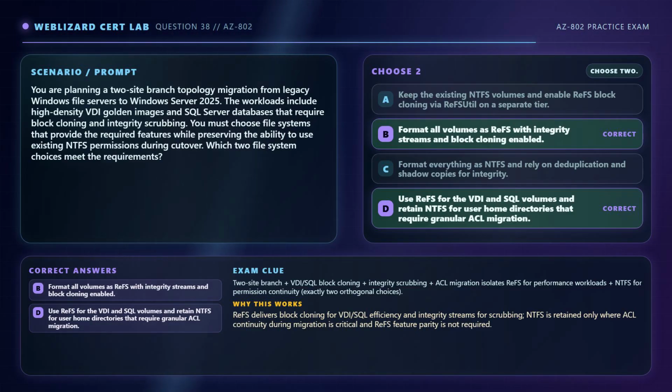NTFS is retained only where ACL continuity during migration is critical and ReFS feature parity is not required. Two-site branch plus VDI/SQL block cloning plus integrity scrubbing plus ACL migration isolates ReFS for performance workloads plus NTFS for permission continuity. Exactly two orthogonal choices.